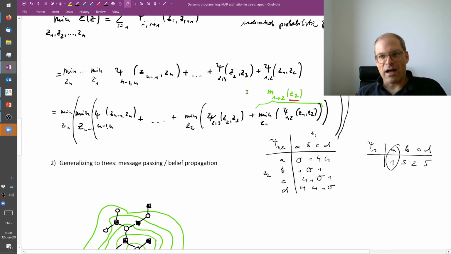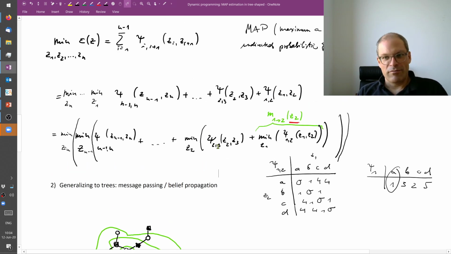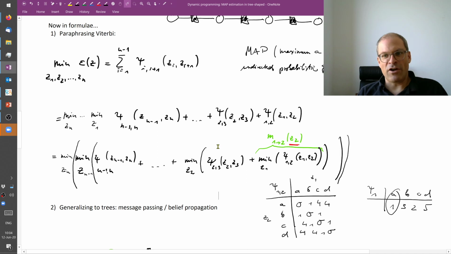So I've minimized only what depends on z1 over z1. I'm minimizing only what depends on z2 over z2, and so on. So I'm sending messages consecutively from the beginning to the end of the chain. So this is just Viterbi's algorithm rewritten.